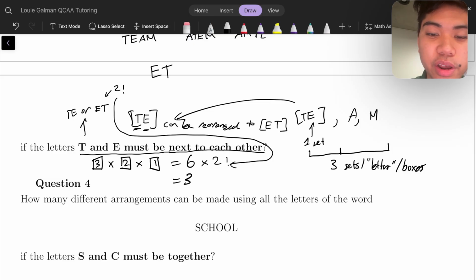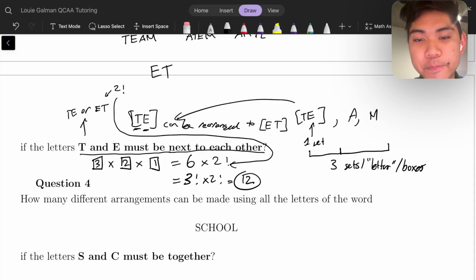So essentially 3 factorial times 2 factorial, which is equal to 12 different arrangements. Again, using the multiplication or AND principle, we know that we have to multiply these numbers because they are happening at the same time. That's why we use the multiplication rule.